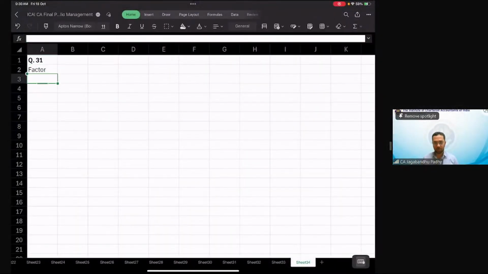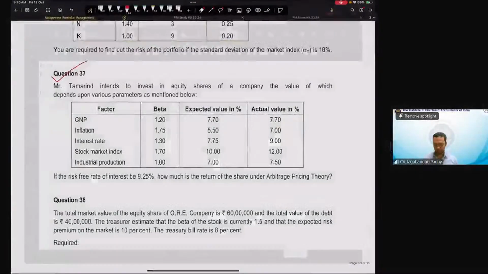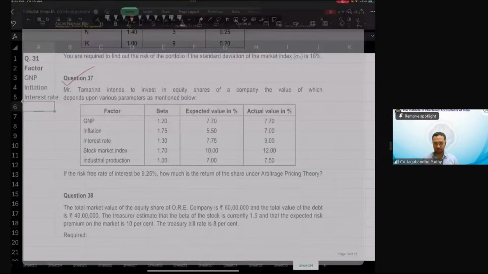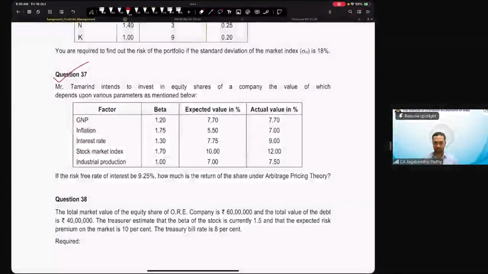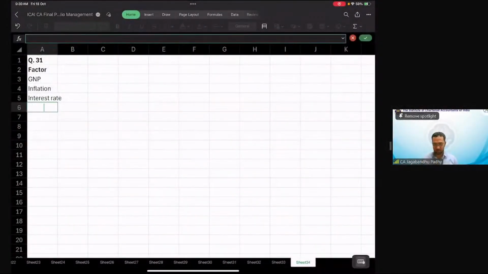The 5 factors are basically GNP, inflation, interest rate, then we have the stock market index, and industrial production.